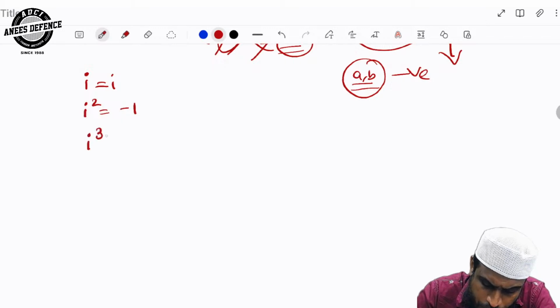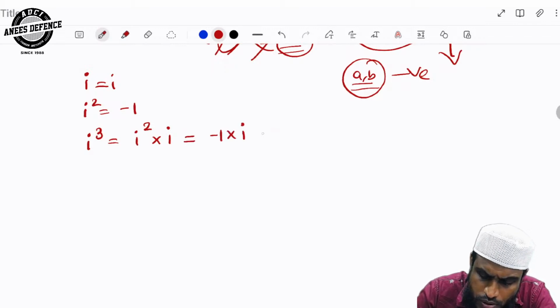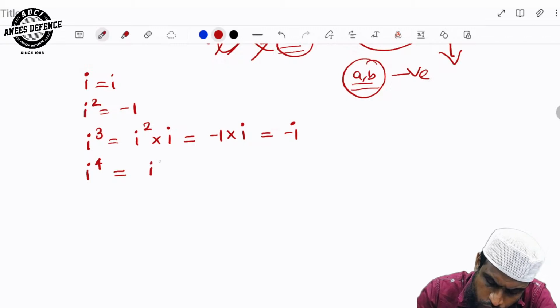What is I cube? I cube can be written as I square into I, that is I square is -1, so -1 into I, that is minus iota. I raised to 4 equals I square into I square.